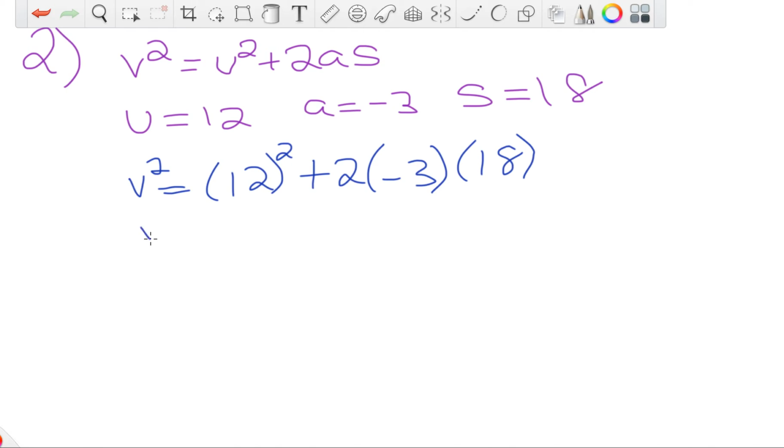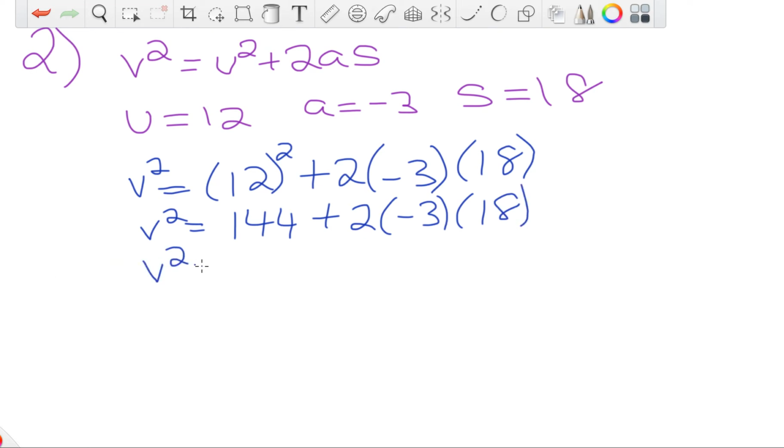So we know that v squared equals, and then 12 times 12 is 144, and keep the rest the same since we'll do it stage by stage. Next step, 144 plus, so 2 times -3 times 18 is -108.